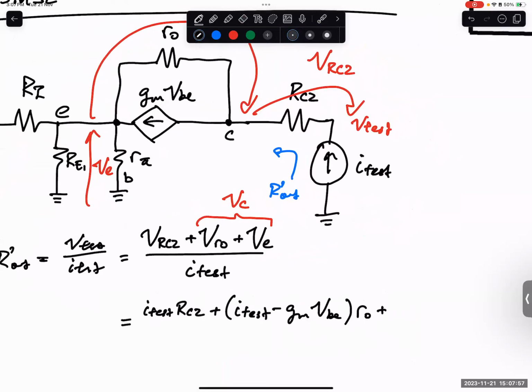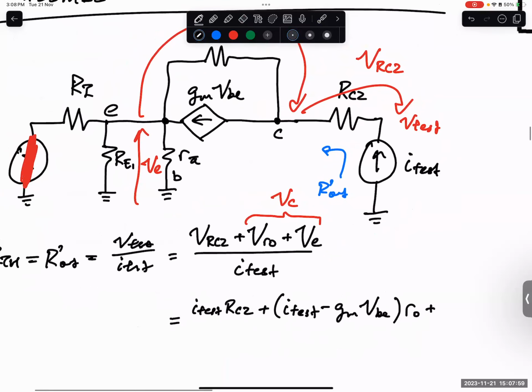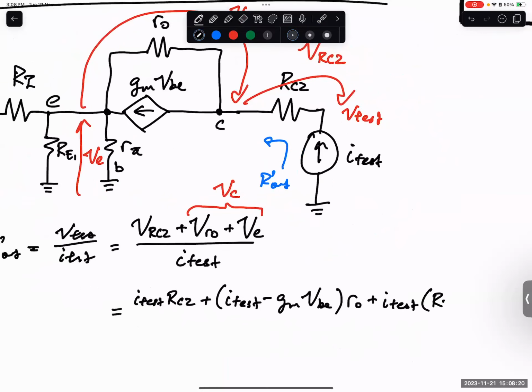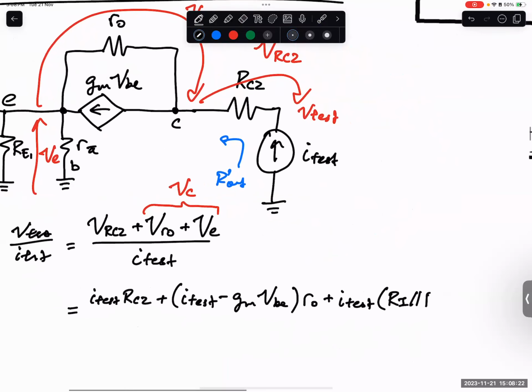VE is what? VE is the front two parts together. How to calculate VE? I test parallel with RI and R5. Right, multiply, no. Multiply RI parallel with RE1 and R5.